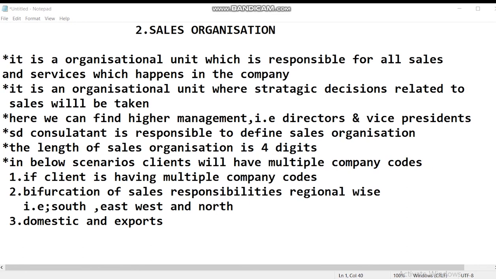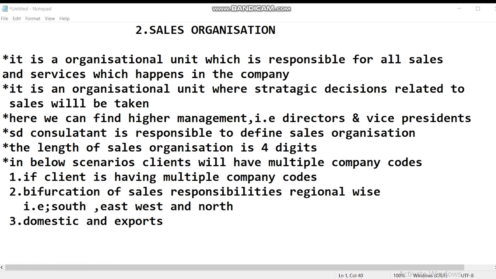And the second one is the sales organization. It is an organizational unit which is responsible for all sales and services which happen in the company. We discussed that the first one is the company code, and the company code is responsible for all the external financial transactions which happen in a company. And the sales organization is responsible for the sales and services which happen in the company.